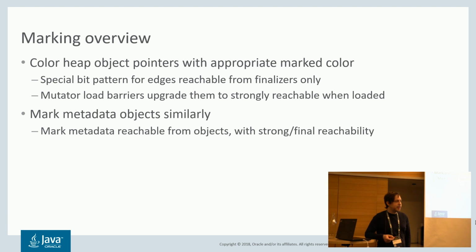So for the finalizer reachable objects, the pointers have a specific color that is detected in our load barriers. So in our load barriers, we can promote finalizer reachable objects to becoming strongly reachable. And this works in a similar fashion for metadata as well, that the metadata can be reachable through finalizers or strongly, and we need to keep track of which one of them it is so that we can do all the magic concurrency stuff.